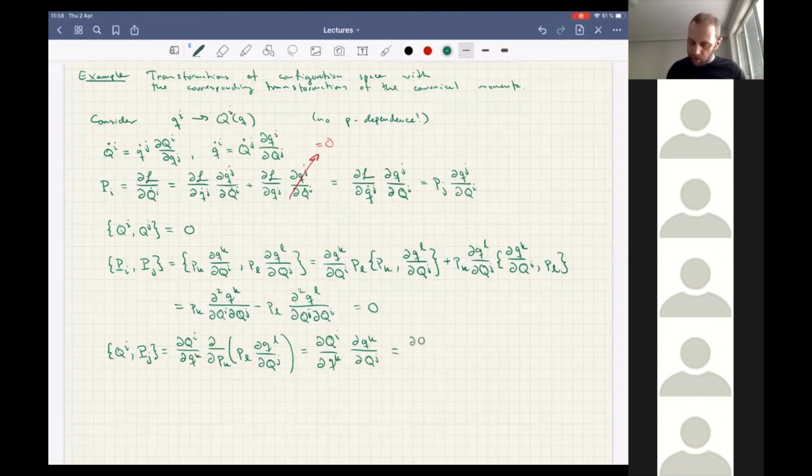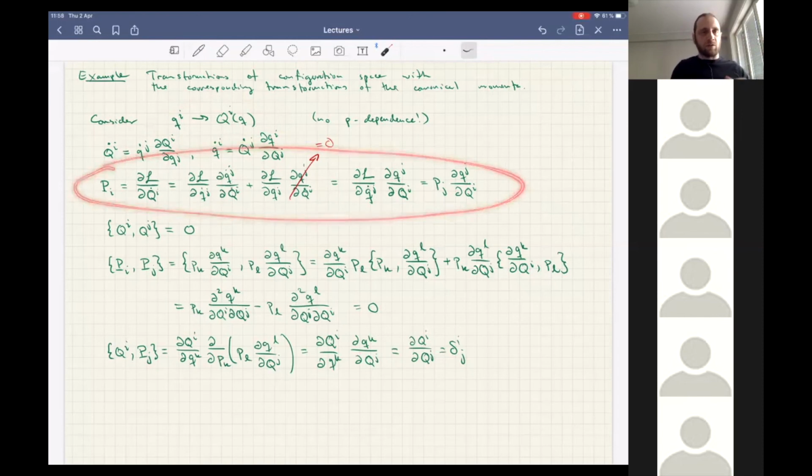We end up with dQ i by dQ j, which is delta i j. So indeed, this transformation, a coordinate transformation in the generalized coordinates combined with the corresponding transformation of the canonical momenta, gives us a canonical transformation. So indeed we have a canonical transformation here.